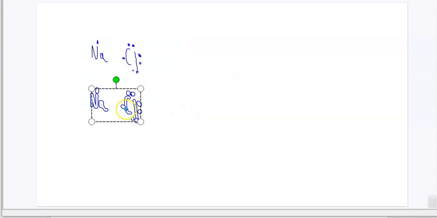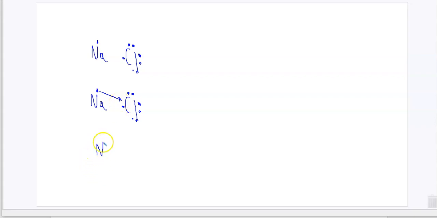Copy paste that. For the during bonding, we're going to draw sodium giving its electron to chlorine. Remember, because chlorine has a high electronegativity. And then in the end, sodium's going to form a positive charge, whereas chlorine now has all the electrons and is a negative charge.